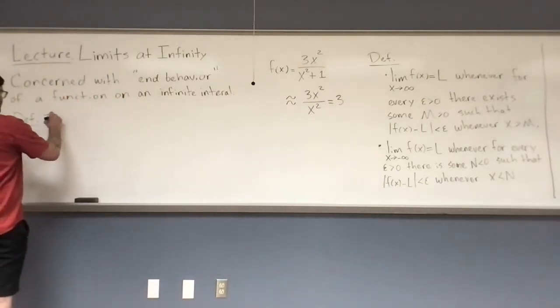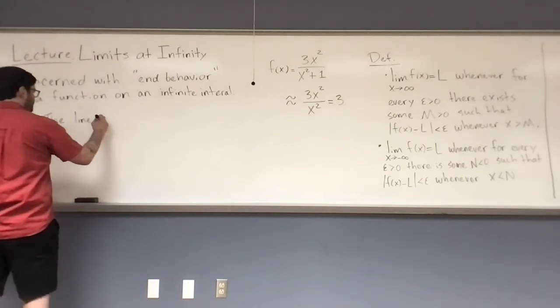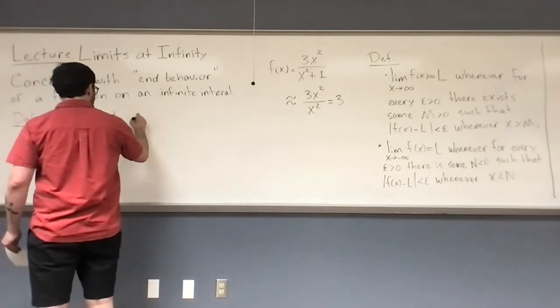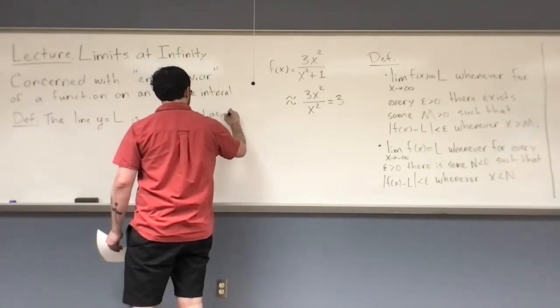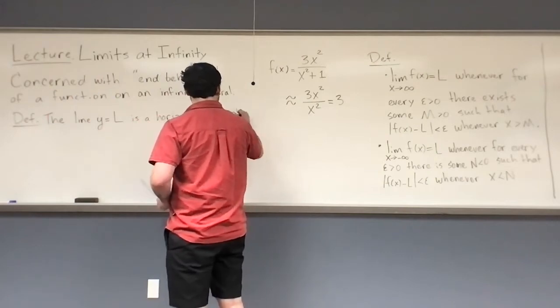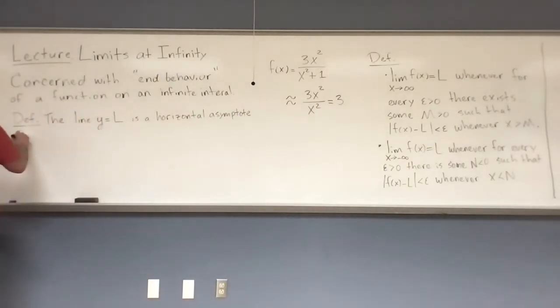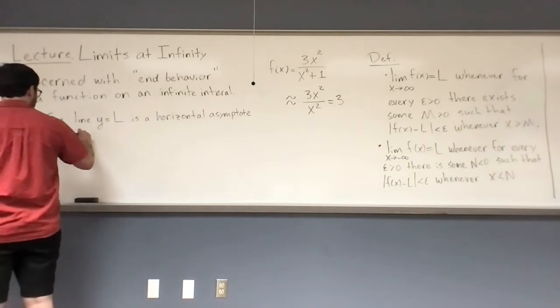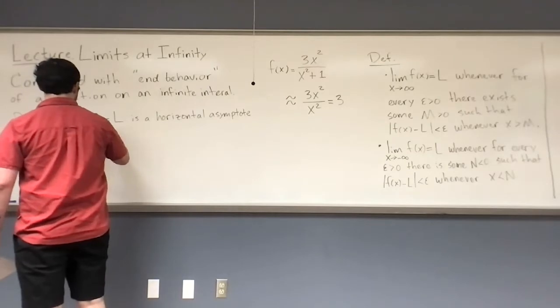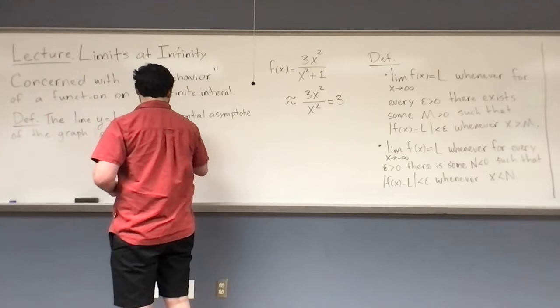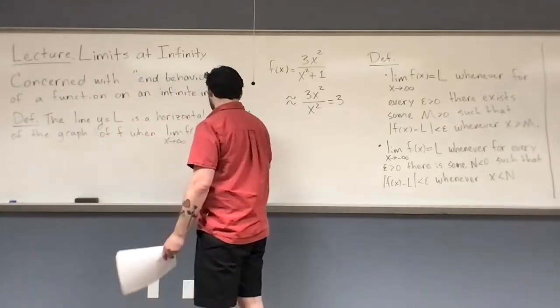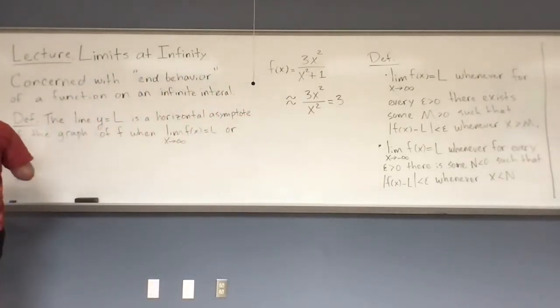So the formal definition is that the line y equals L is a horizontal asymptote of the graph of f when the limit as x approaches infinity of f of x equals L, or the limit as x approaches negative infinity of f of x equals L. Okay.